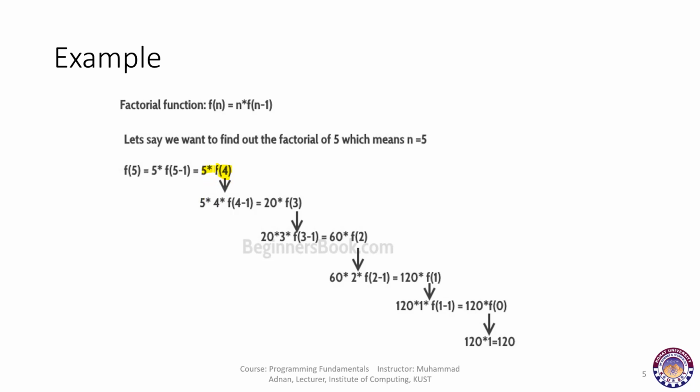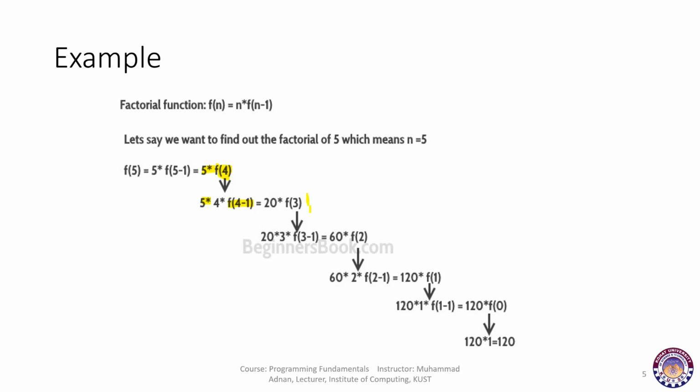We write 5 as it is, and then we say 4 multiplied by f of 4 minus 1. So this is again another independent function. So we move on, we multiply 5 with 4, which is 20, multiplied by f of 3. Now f of 3 is 3 multiplied by f of 3 minus 1. We are finding a factorial.